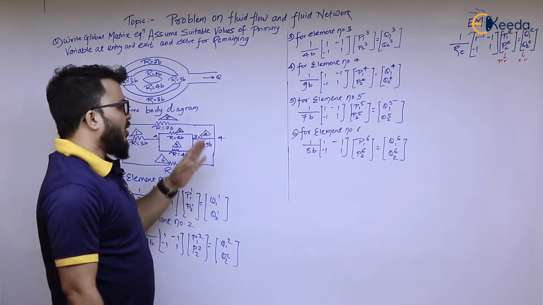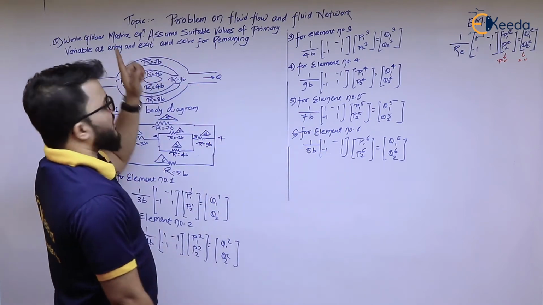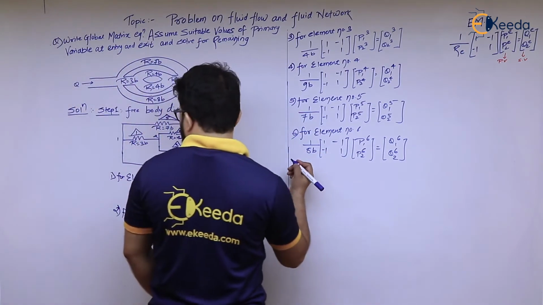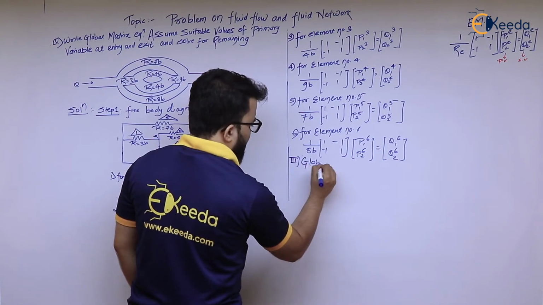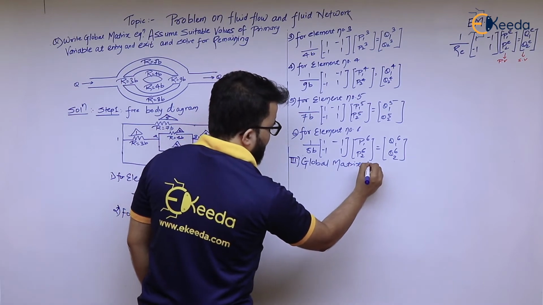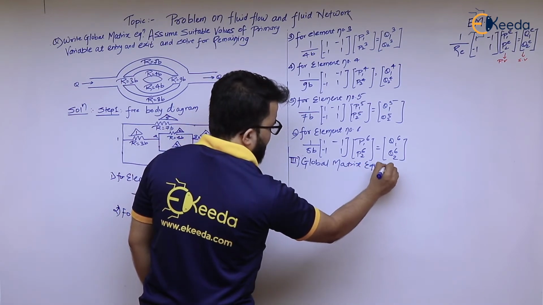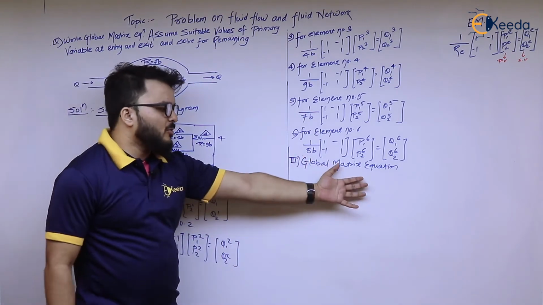Now on the basis of the element matrix equations we will write the global matrix equation. So my next step is the global matrix equations. How will I find the global matrix equation?